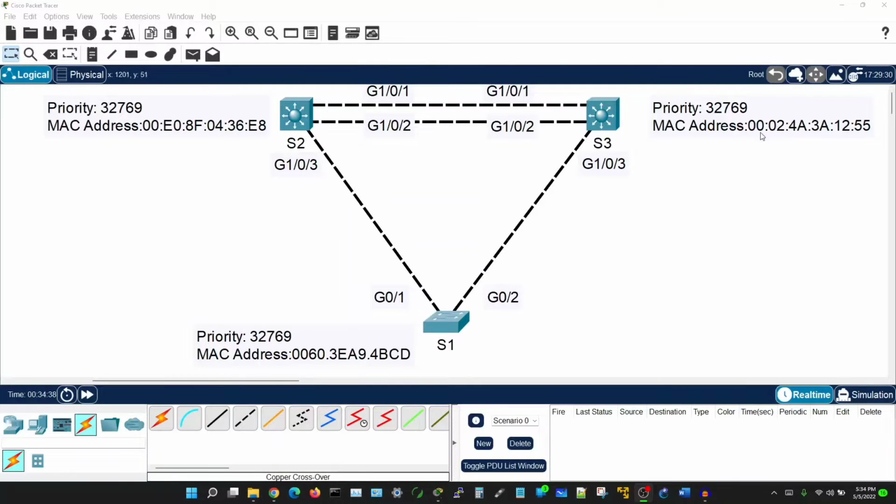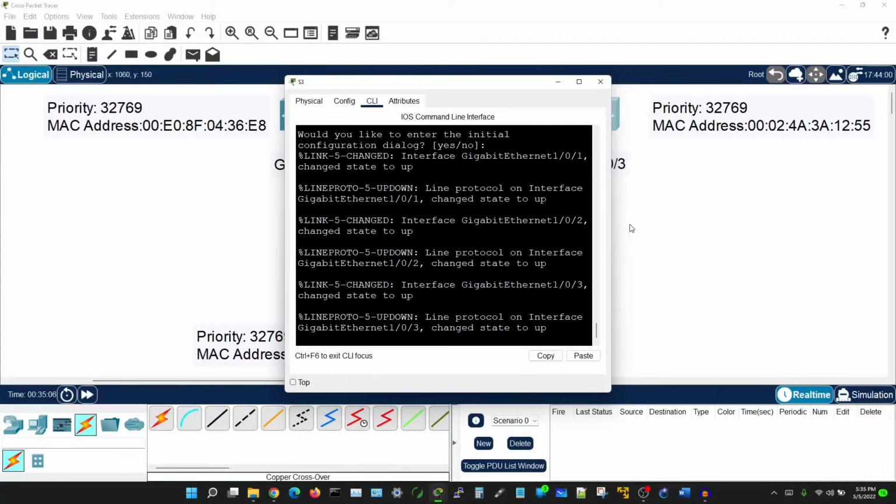Because the first two digits are the same on all switches, the third digit, the lowest among all, is the one for switch 3, which is 0. So by looking at this information, we can tell that switch 3 should be the root.